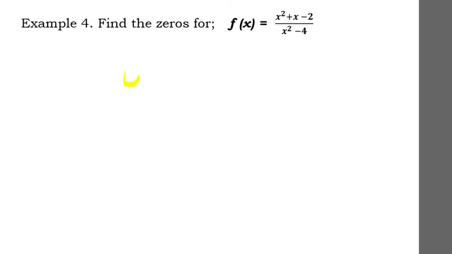So let us factor. Y is equal to the factors of the numerator. You have to find factors of 2 whose sum is positive 1. So let us split x squared into x and x.